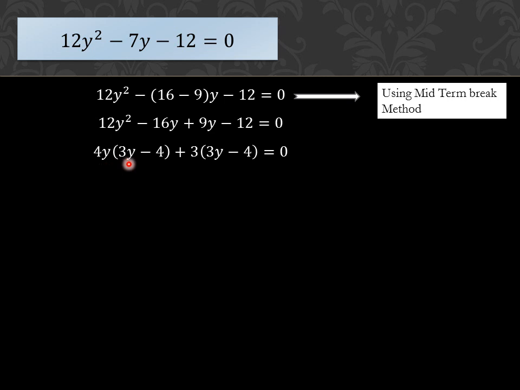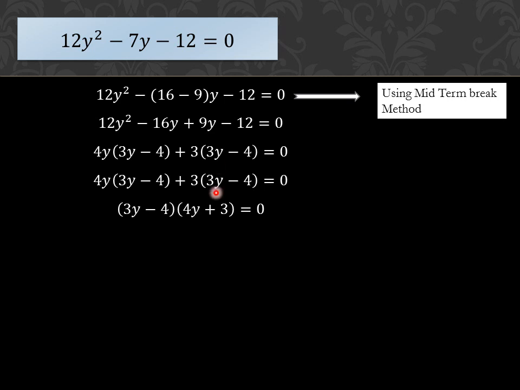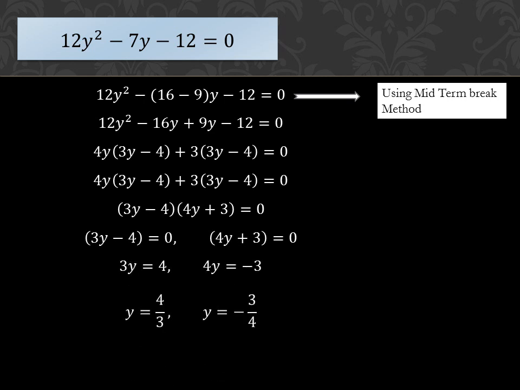Then the remaining digits are 3y minus 4 plus 3 into 3y minus 4, as both the brackets are the same. So we will write them once and the digits outside the bracket in a separate bracket. Now we will split both the brackets and both will become equal to 0. We will get the answer of y from here, and the answers are 4 by 3 and minus 3 by 4.